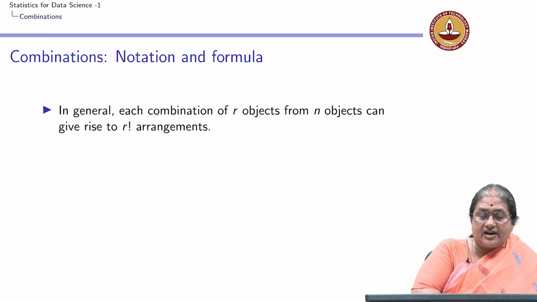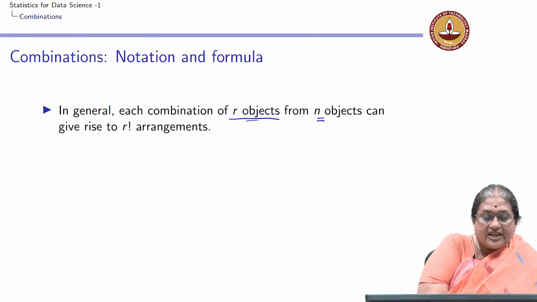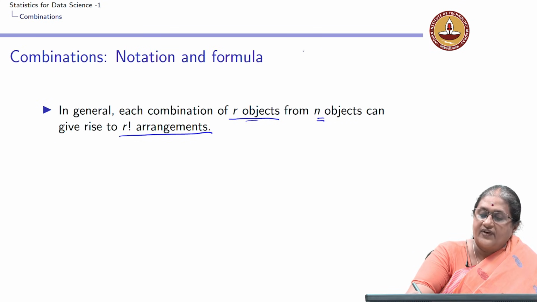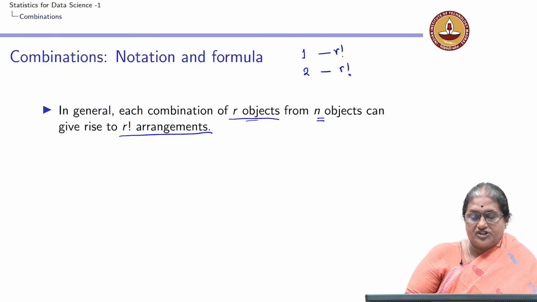So, in general, each combination of r objects from n objects gives rise to r factorial arrangements. If I have one combination, then it will give rise to r factorial. The second combination, another r factorial arrangements.